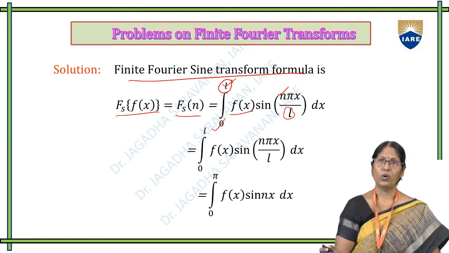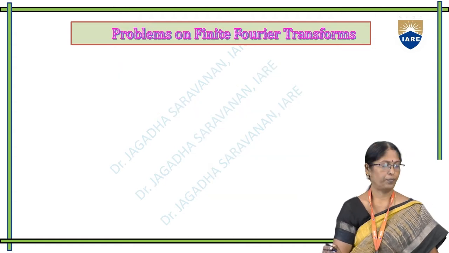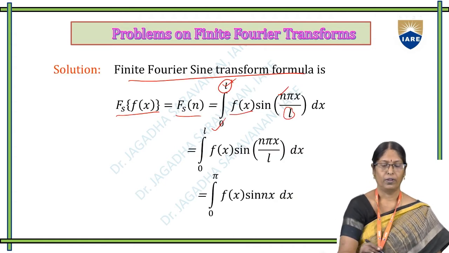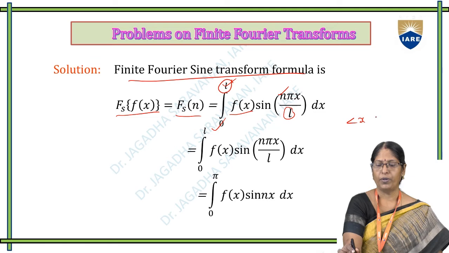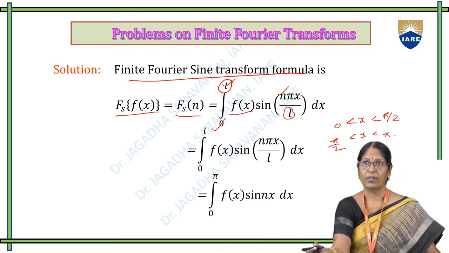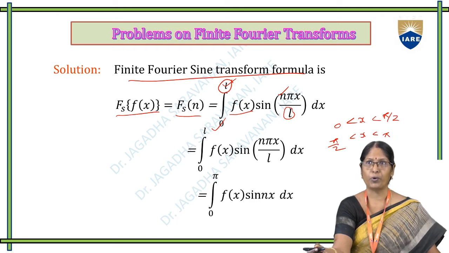According to our condition, the function is x for x lying between 0 to pi by 2, and for x lying between pi by 2 to pi, this is the condition given in our problem.